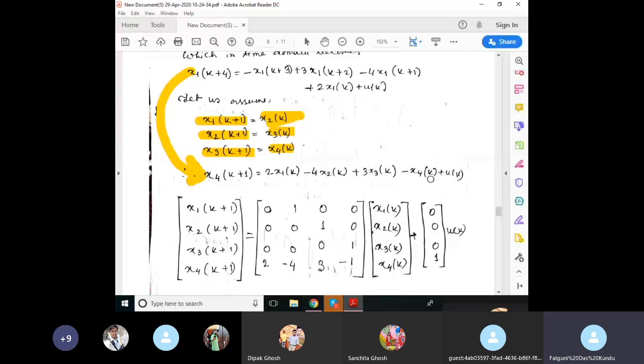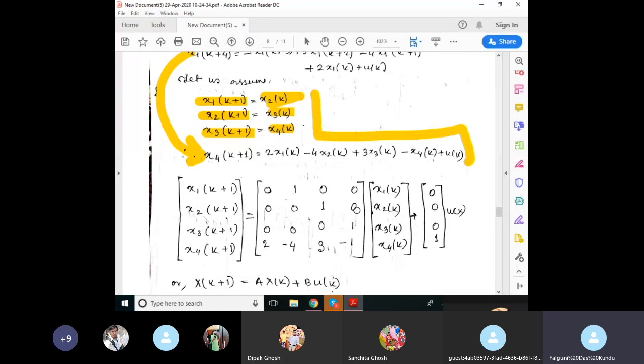Okay, so from these four equations we can write in vector form, that is x(k+1), so x1(k+1), x2(k+1), x3(k+1), x4(k+1), and this is x1k, x2k, x3k, x4k.